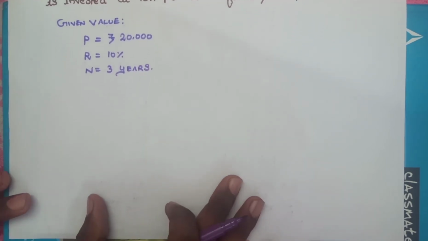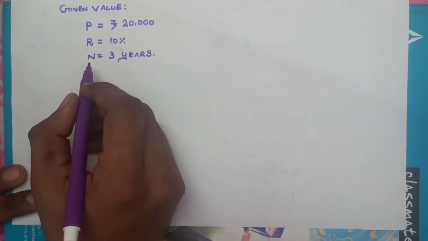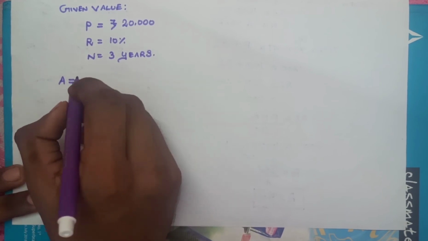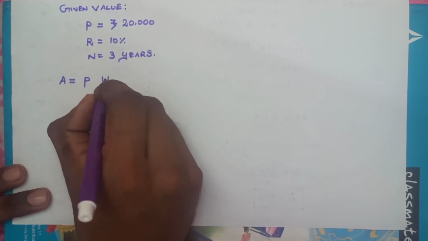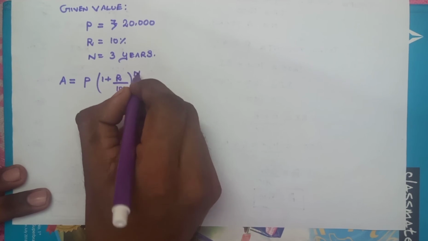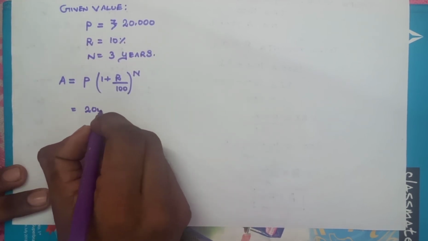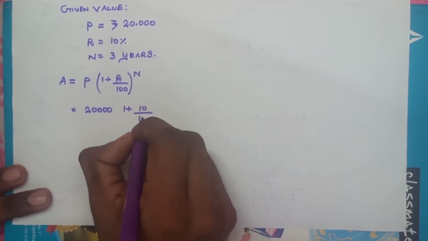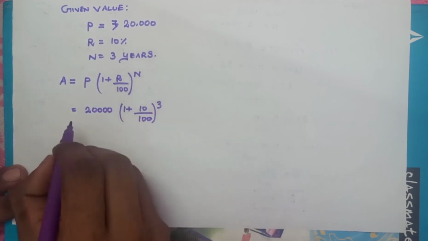What will we find out? We will find out the amount. We have known the amount formula for compound interest: Amount equals P times (1 plus R by 100) whole power n. So here the principal we know, 20,000, the rate of interest is 10, and the number of years is 3.